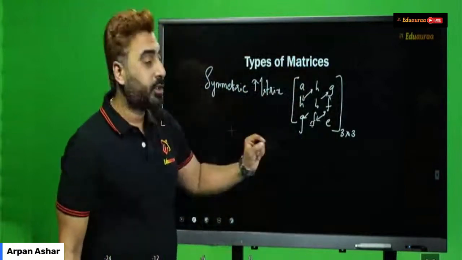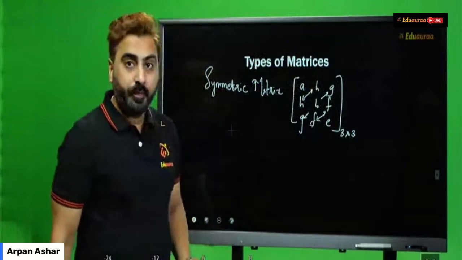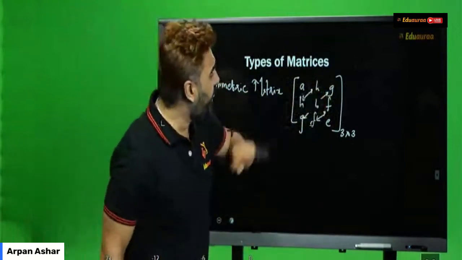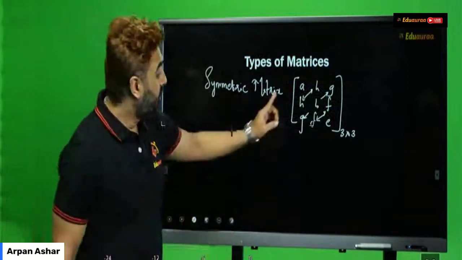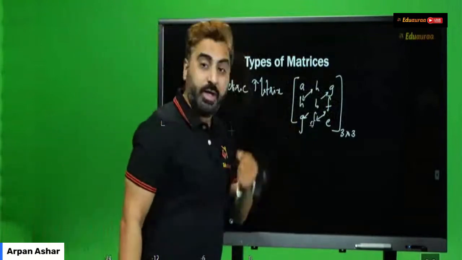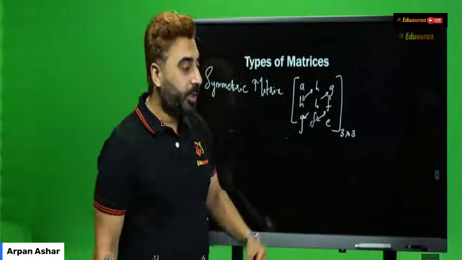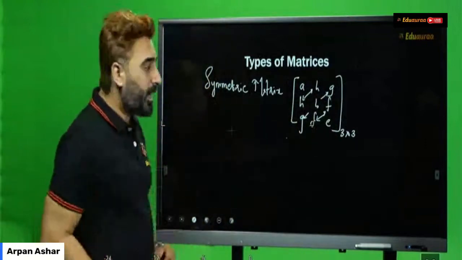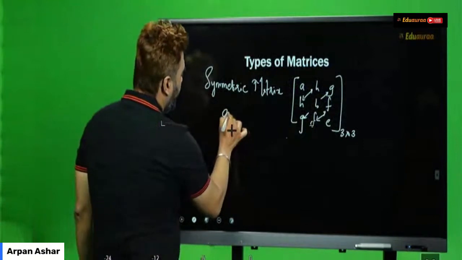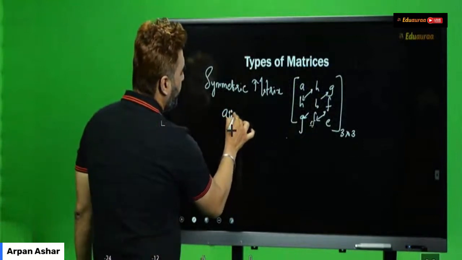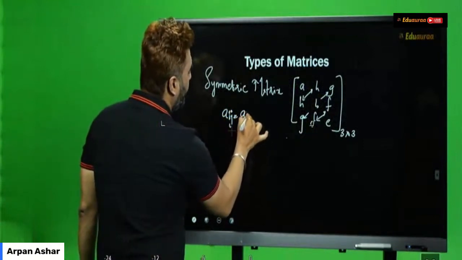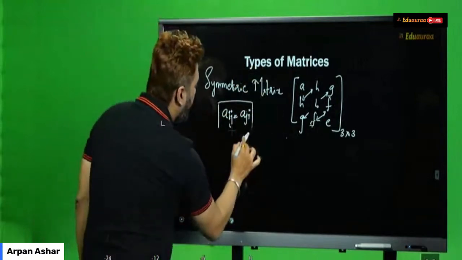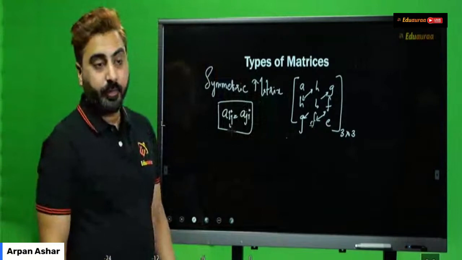This H is A12, this H is A21, this G is A13, this is A31, this is A23, and this is A32. So from this, in general, we can write that Aij is equal to Aji. First condition for a symmetric matrix.